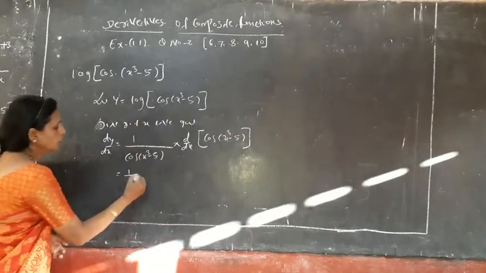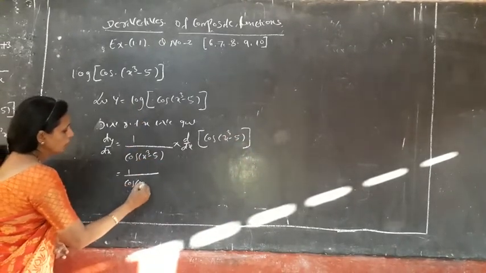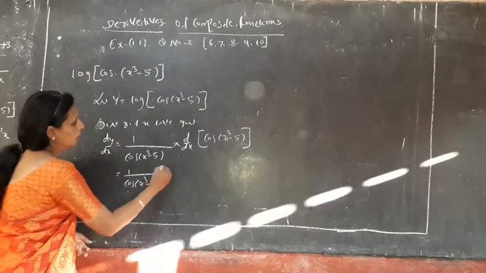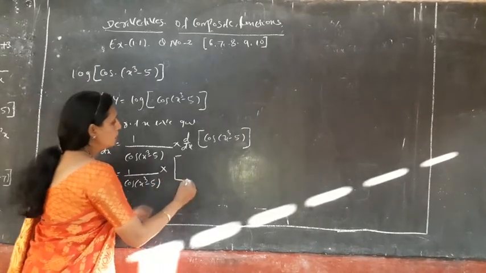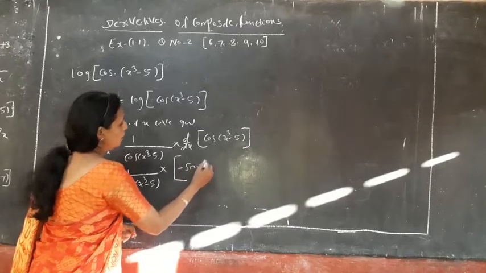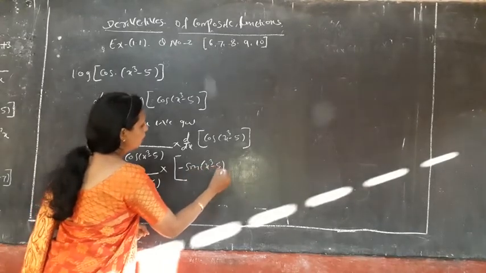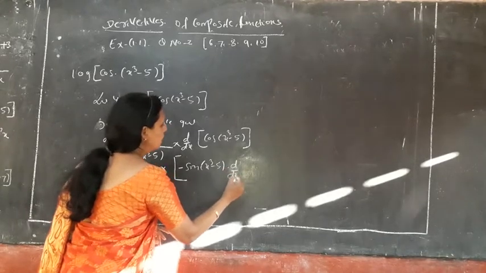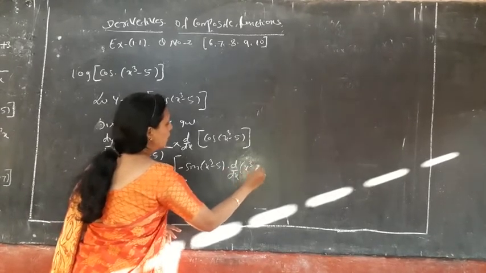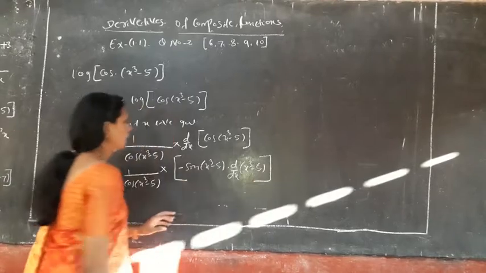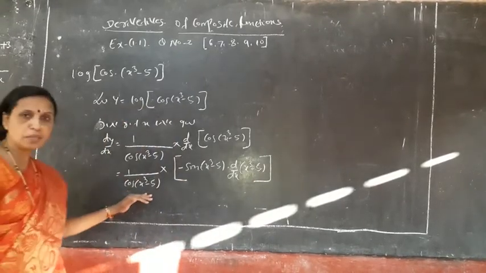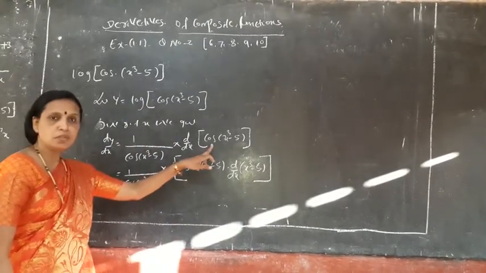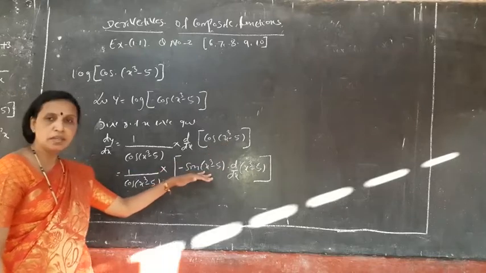This is equal to 1 upon cos of x cube minus 5 into differentiation of cos, which is minus sin of x cube minus 5, into d dx of the function, that is x cube minus 5. See here, 1 upon cos of x cube minus 5, differentiation of cos f of x is minus sin f of x.